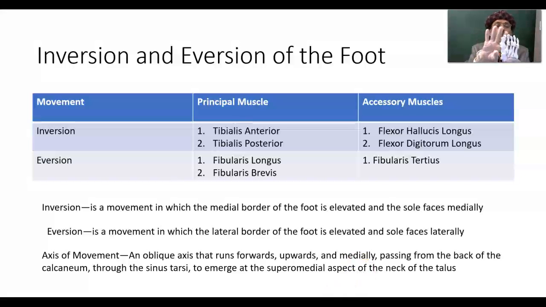But we'll go to the metatarsals and the toes. We have abduction and adduction. That axis goes through the second toe. So anything away from that is abduction. Anything close to the second toe is adduction. The second toe has both abduction and adduction. You can go this way and that way.